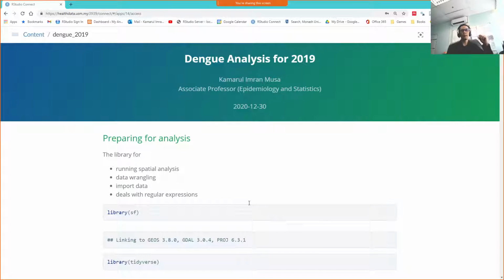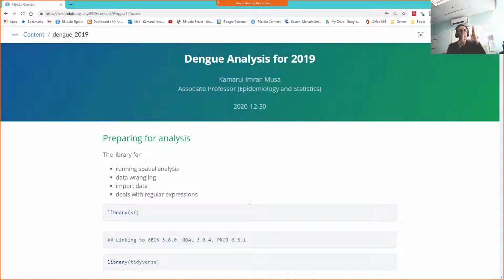So because of that, we try to look at whether or not there have been spikes or an increased number of dengue cases at the end of 2019. So what I had at that time is, number one, dengue data for dengue cases in CSV format.